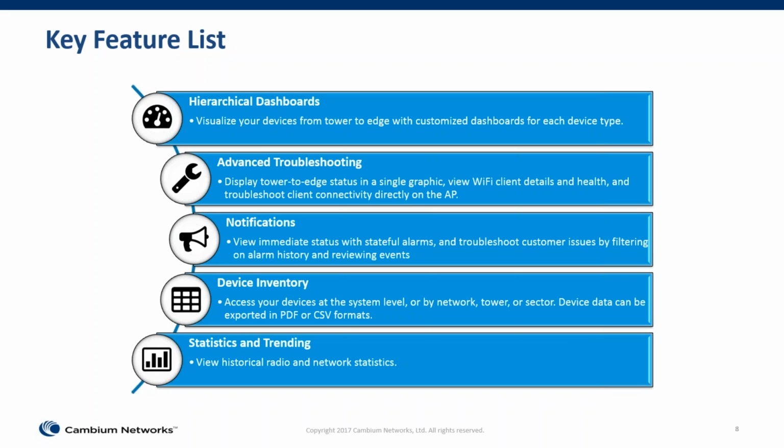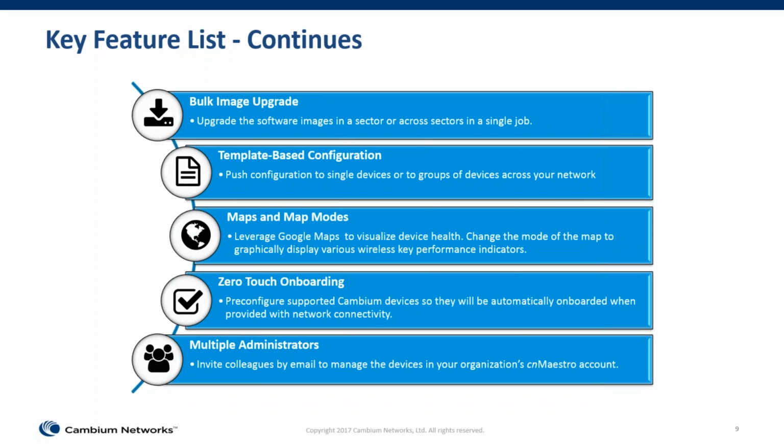We have stats and trends, which basically give you graphs of your stats, including the history of the radio, the radio throughput, receive sensitivity, those kinds of things. Image upgrade is really the software upgrade. You will be able to define which devices you want to upgrade, schedule it for whatever time you want, and check the status of the download, whether it is successful or has failed for whatever reason.